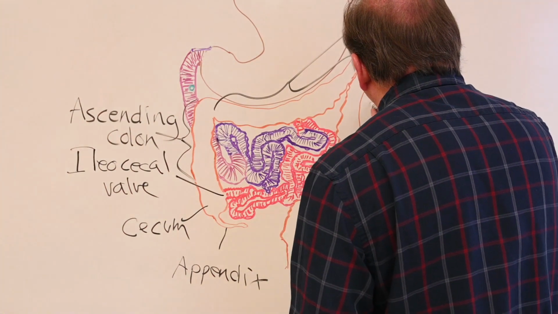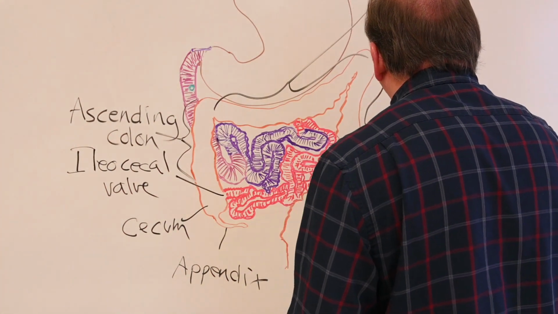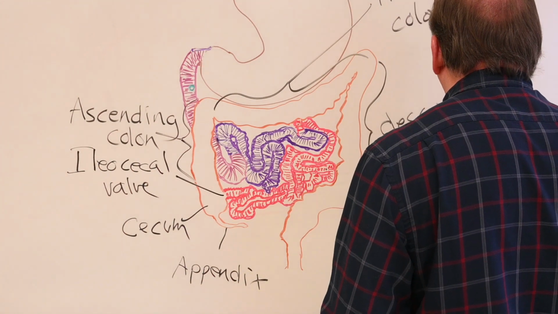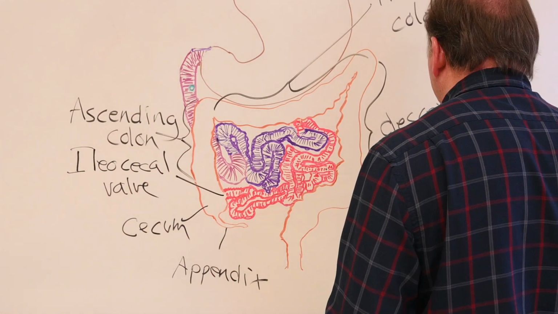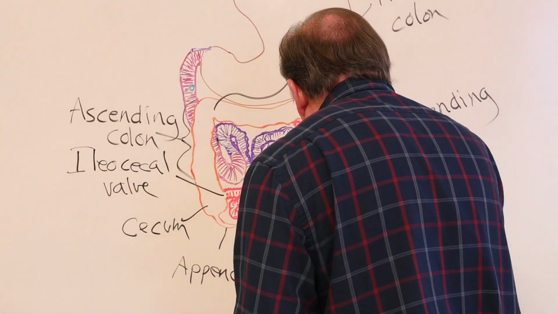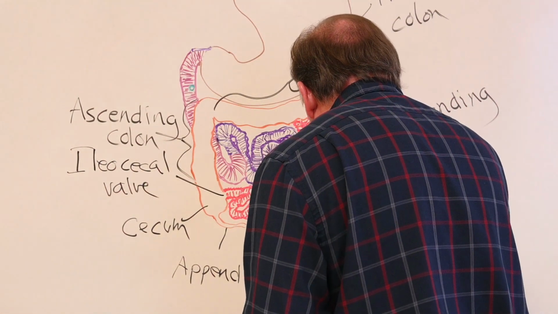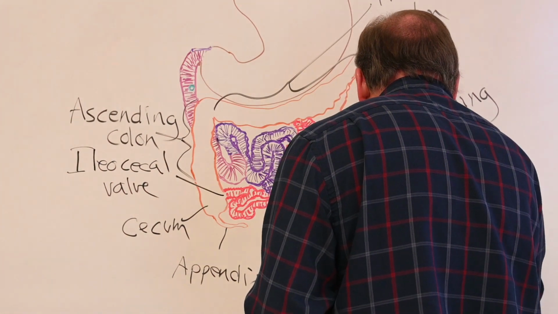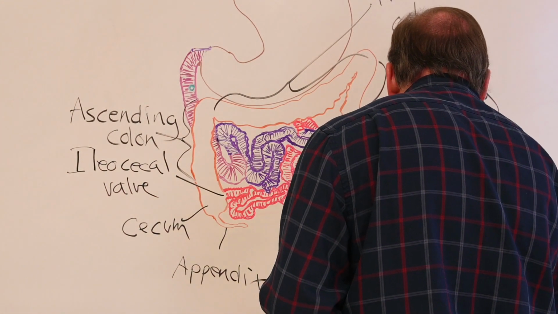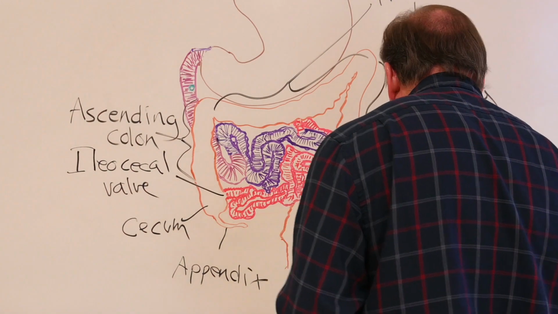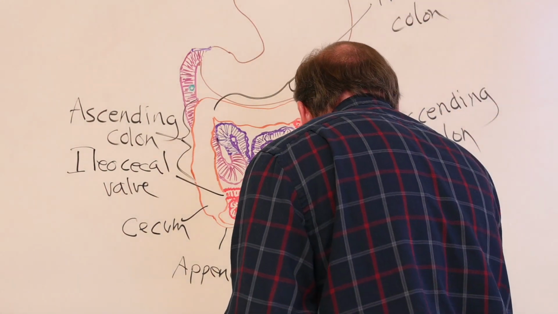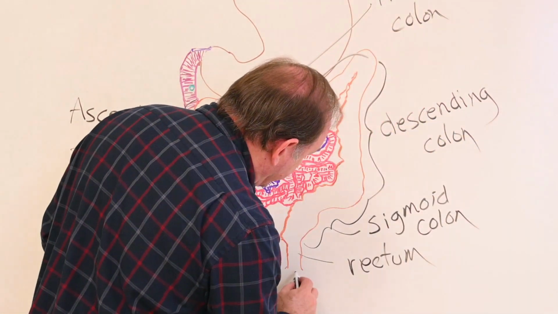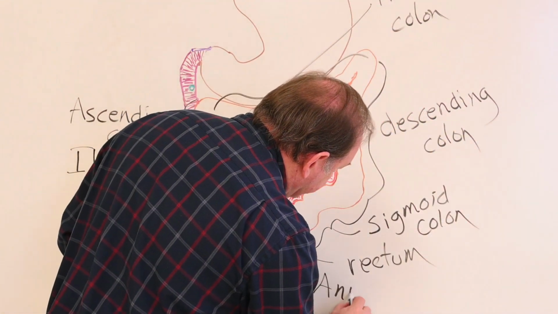The segment here is the descending colon. This S shape that's bent through here is the sigmoid colon. This is the rectum, the straight part, and the opening here, the anus.